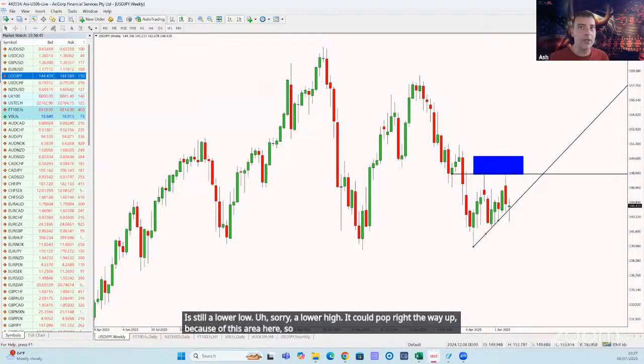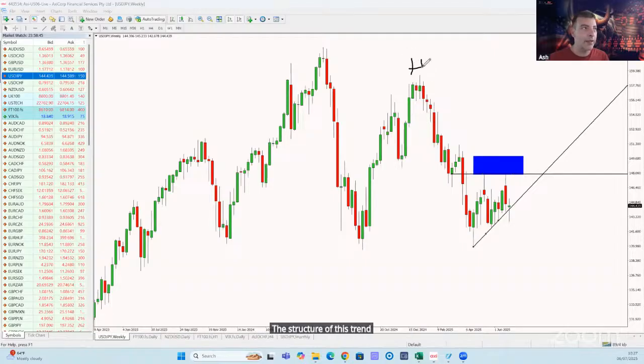So if you think about the structure of this trend, there's a high. There's a low because it broke through here. There's a lower high. There's a lower low. Now the lower high would still be in existence as long as it doesn't break through here.